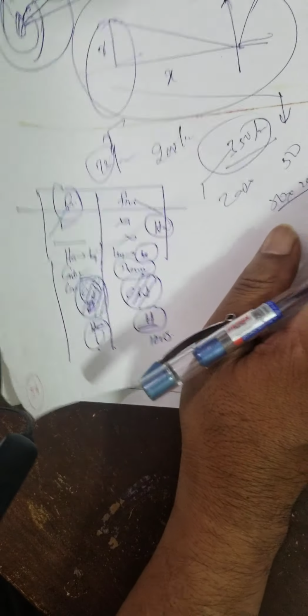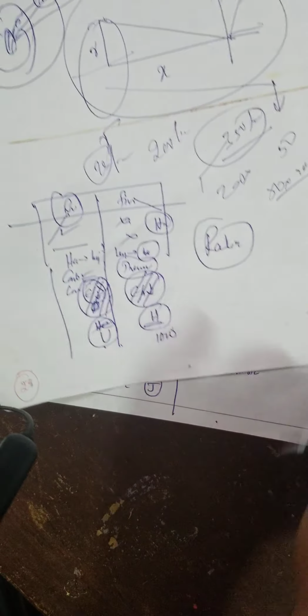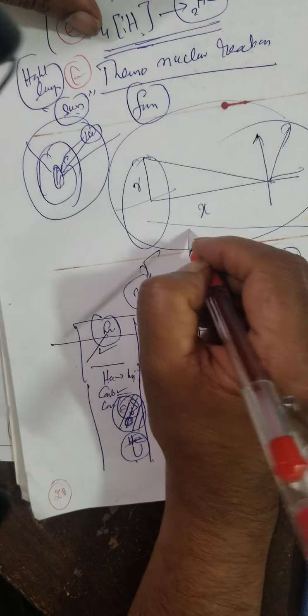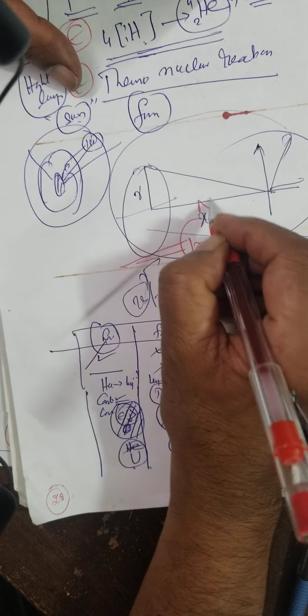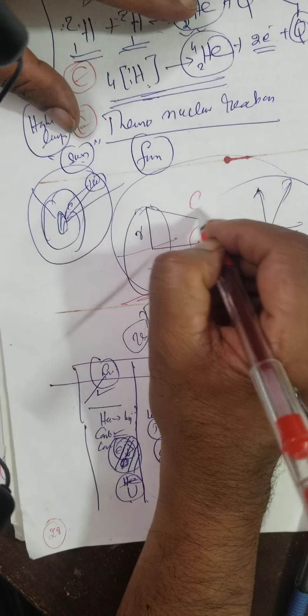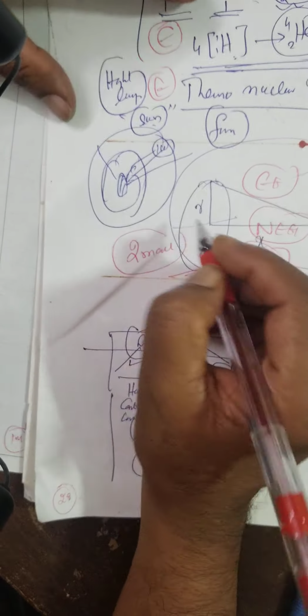Next, I will take the class for radioactivity. Today, just go through this. Definitely you may get 1 mark in both the NEET exam and CET, and 2 marks in the final exam.